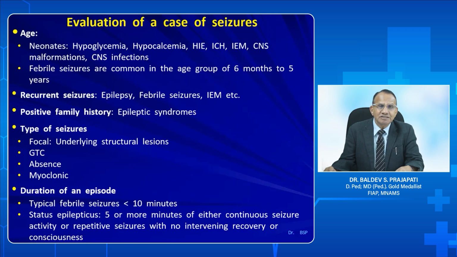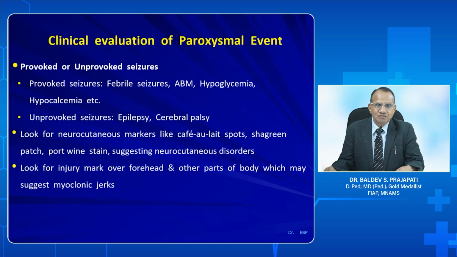We know that nowadays status epilepticus is defined as 5 or more minutes of either continuous seizure or repetitive seizures with no intervening recovery of consciousness. That may be even provoked or unprovoked seizures. Examples of provoked seizures are febrile seizure, bacterial meningitis, hypoglycemia, hypocalcemia, while unprovoked are in a case of epilepsy, cerebral palsy.